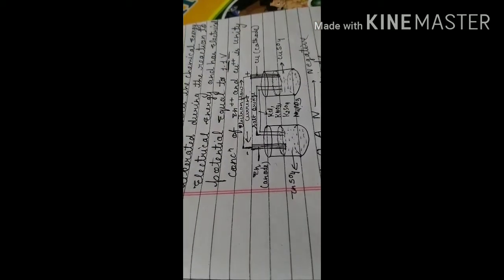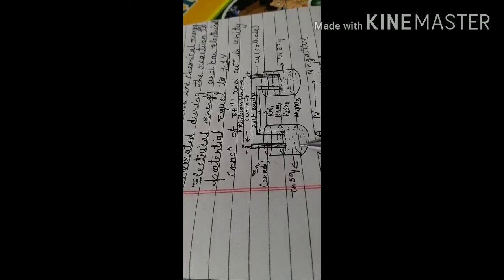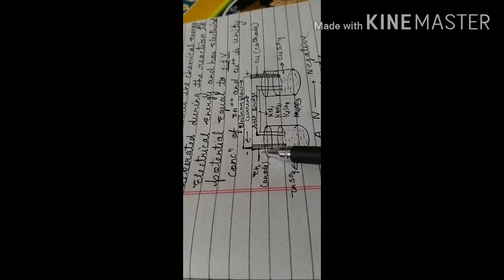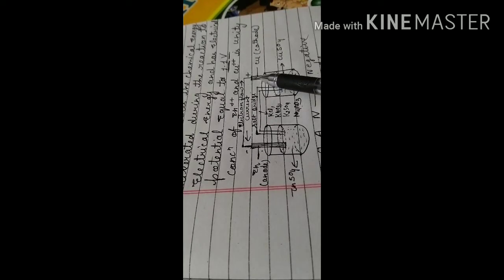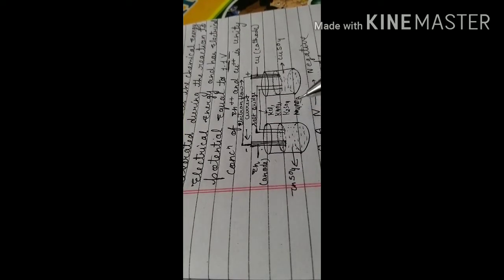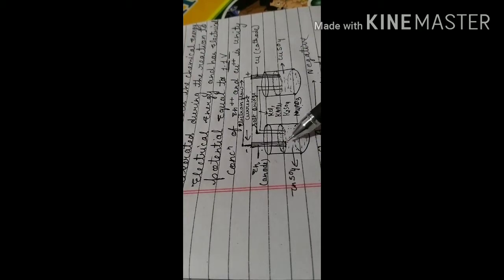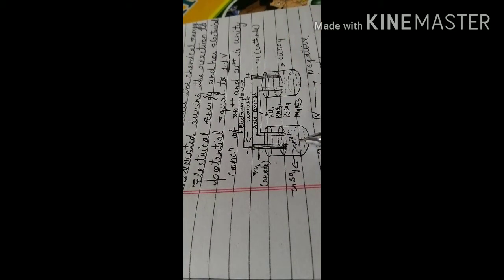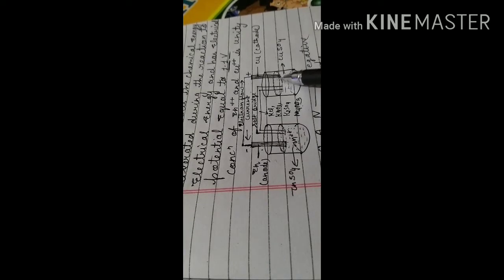So the left container, zinc, acts as anode and copper acts as cathode. Zinc is more reactive, so it releases Zn2+ ions and oxidation takes place, while in the right container reduction takes place.